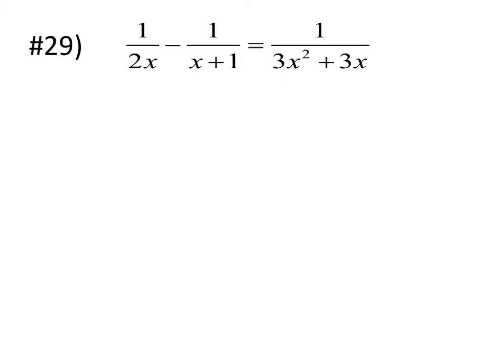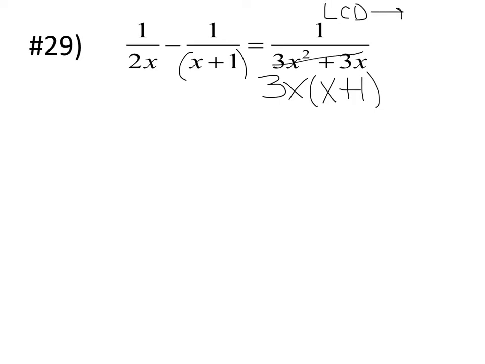All right. First things first, I'm going to put parentheses around things. Here I can factor out a 3x, leaving behind an x plus 1. Remember, it must be in simplest form before you can find your LCD. So I need a 2x. I need an x plus 1. I need a 3x.